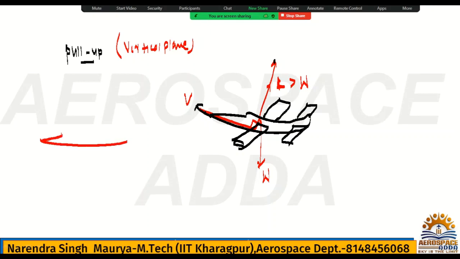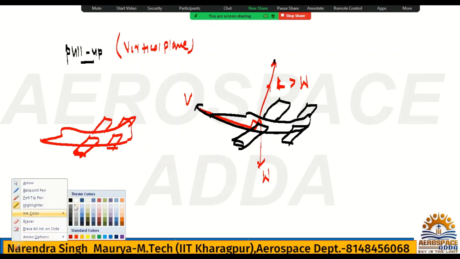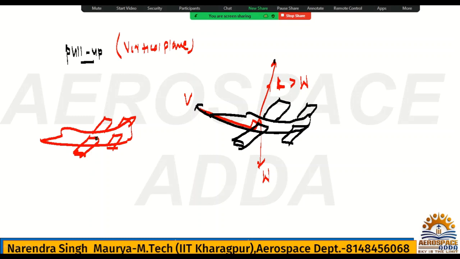This is very clear. If lift is equal to weight, then what is the meaning of it? It is not going to climb. If L is equal to W, it is not going to climb.